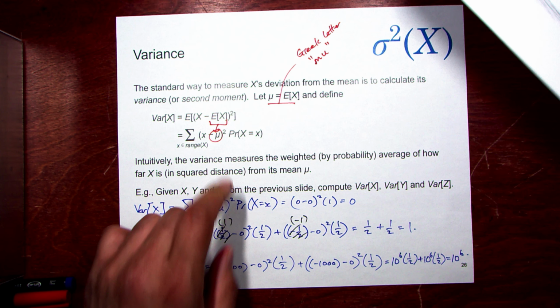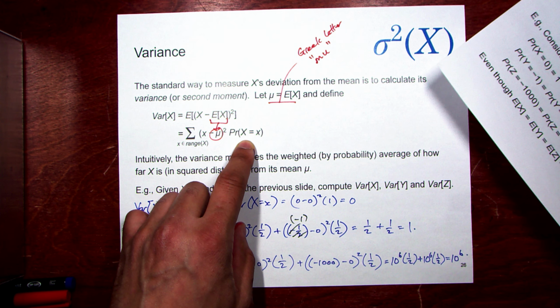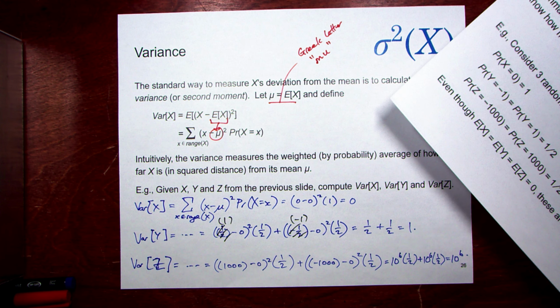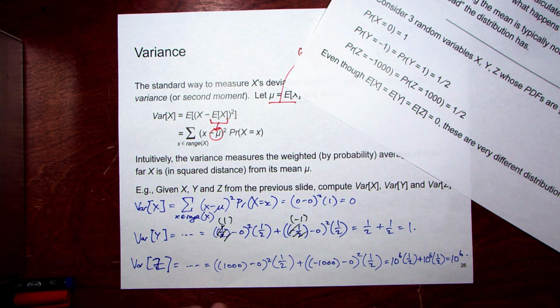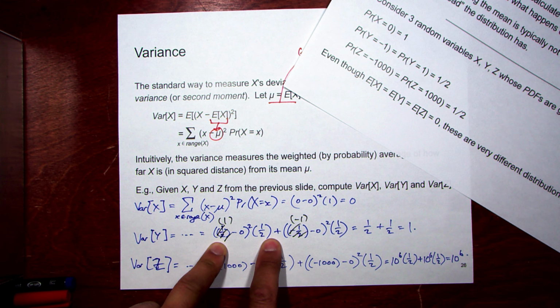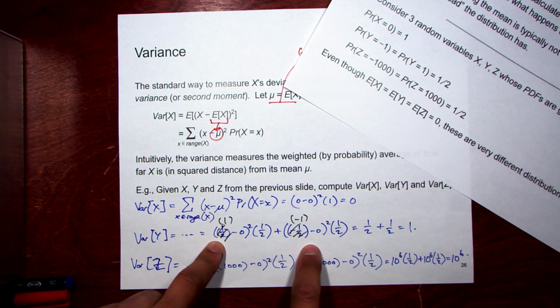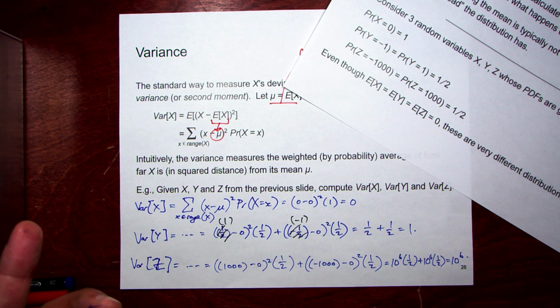I mean, that's the definition. Maybe that's the short explanation for this. But you're weighting all of the squared differences by the probability. So here, when we look at variance of y, the average is 0, and we say 1 minus 0, and we square it, and then we multiply by its probability. So we weight it by its probability. We have 1 squared, we have minus 1 squared, and each of those is weighted by a half.